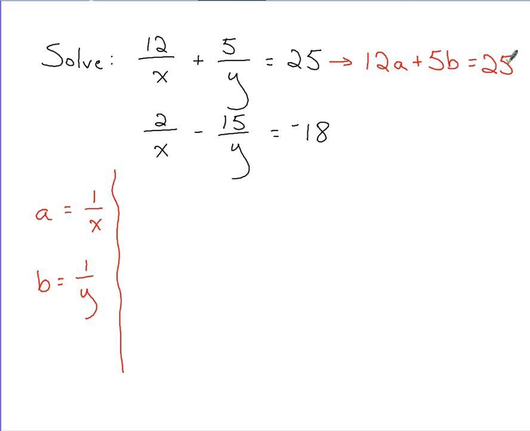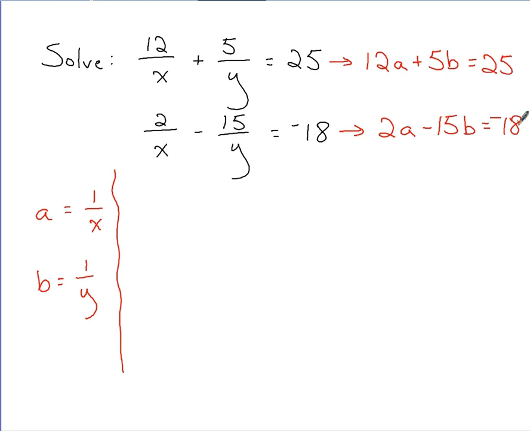If I make the same adjustment to the second equation, since this is 2 over x, I'll write 2a minus, since this is 15 over y, I'll write 15b, and that will equal negative 18.